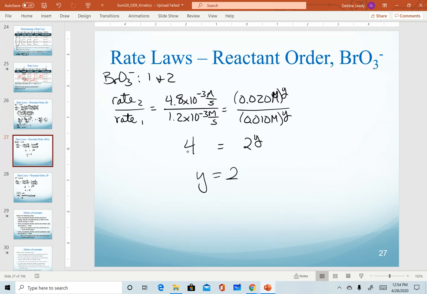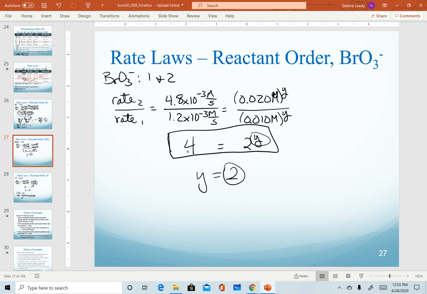So 2 ways to figure out if something's going to be second order. First of all, process of elimination. If it's not zero order where the rate's constant, or if it's not first order where we have the same rate of change in both concentration and rate, then it has to be second order. Or we can simply simplify down our concentration and rate information and solve for the order for this one. But notice that again, the orders are exponents. And so what I'm doing is I'm squaring the amount of change.